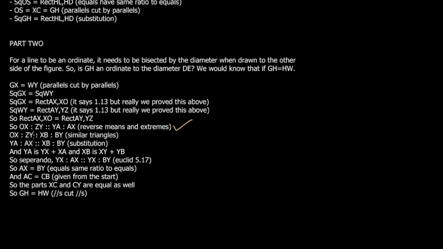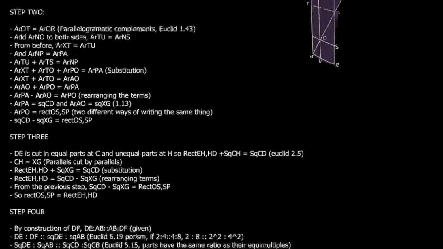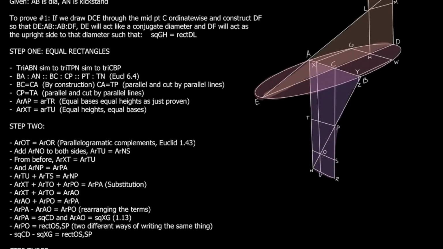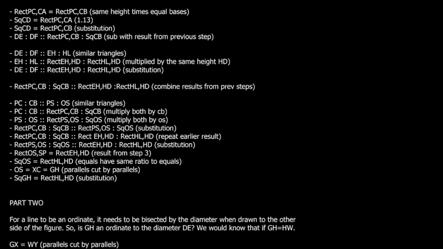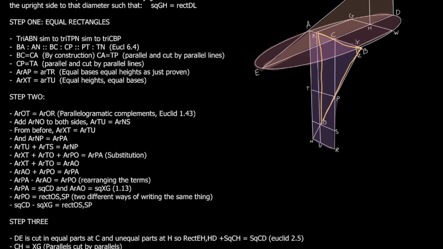Now let's look at OX to ZY and XB to BY. OX to ZY, okay, let's look at this. OX, XB, BY, YZ. Is that correct? Let's just check. Yes. So that's just a tiny similar triangle instead of a large one.